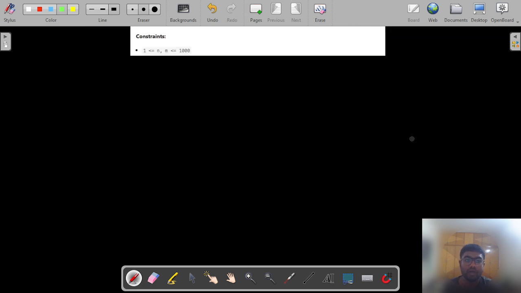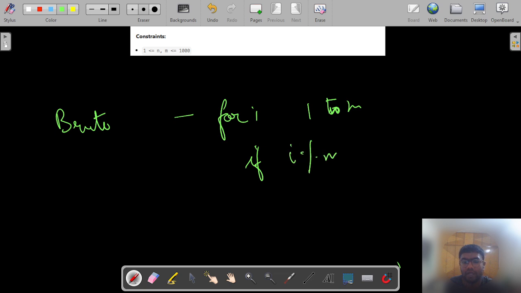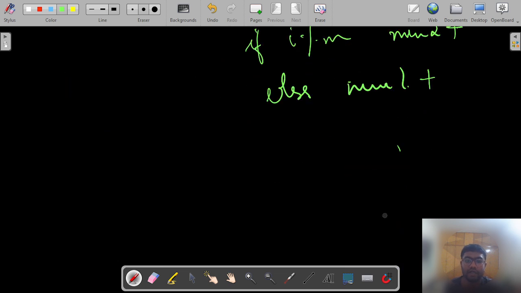Okay, so we can obviously come up with a brute force approach where we have a for loop running from 1 to n, and if i is divisible by m, then we add it to nums2, else we add it to nums1, and at the end we return nums1 minus nums2.